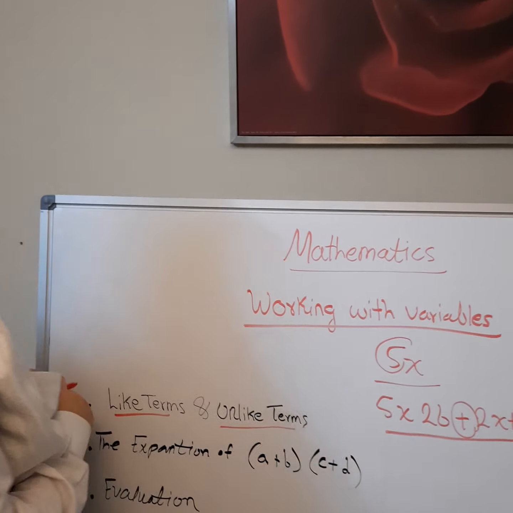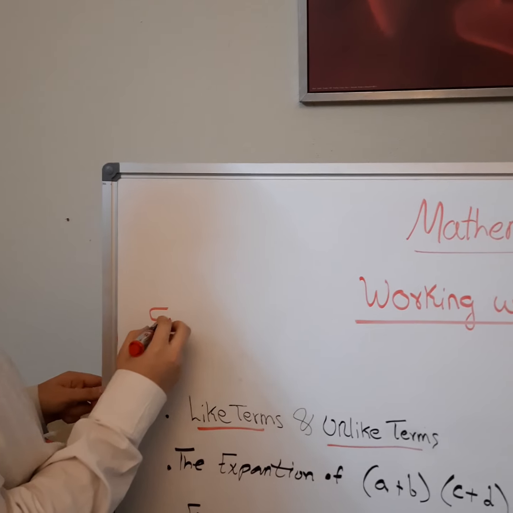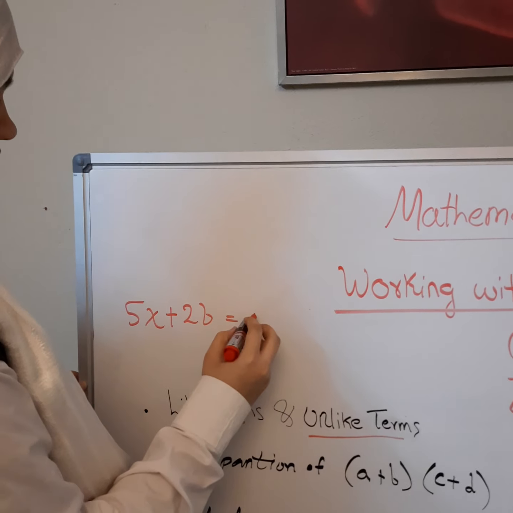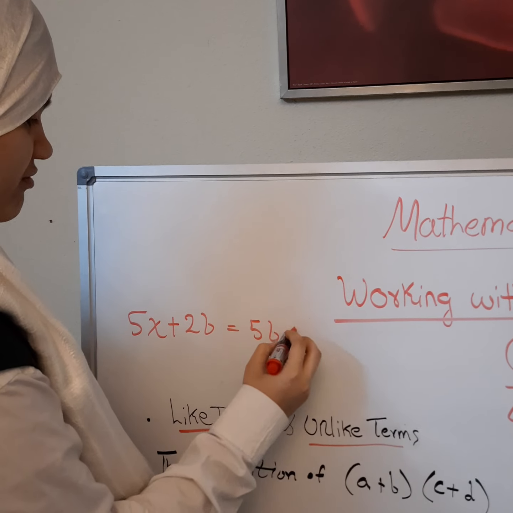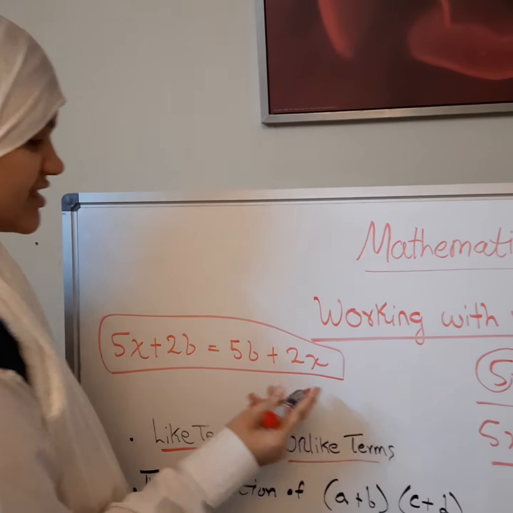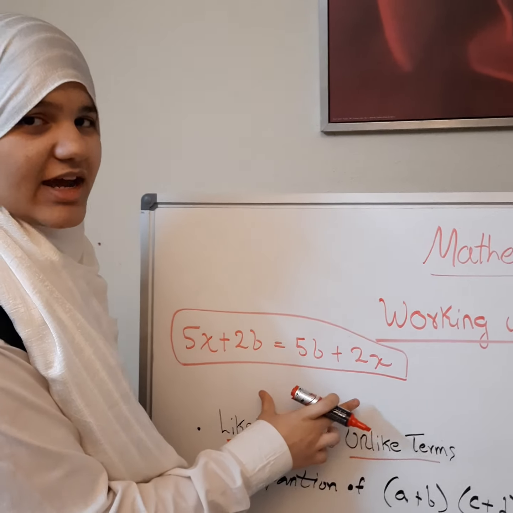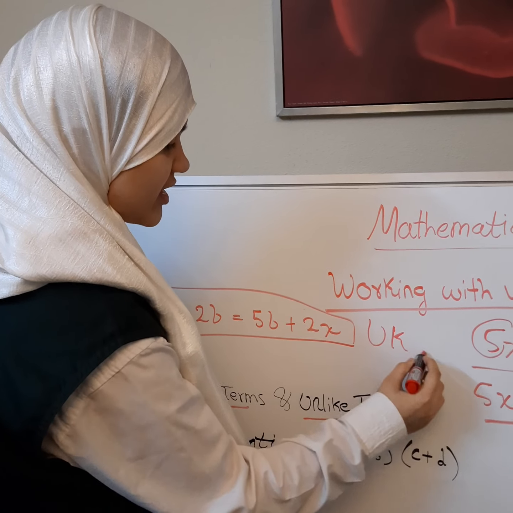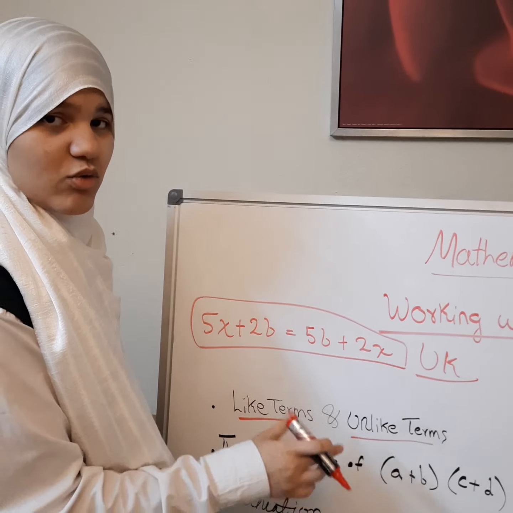If we write 5x plus 2b is equal to 5b plus 2x, now, are they unlike variables or like variables? They are unlike. Why?